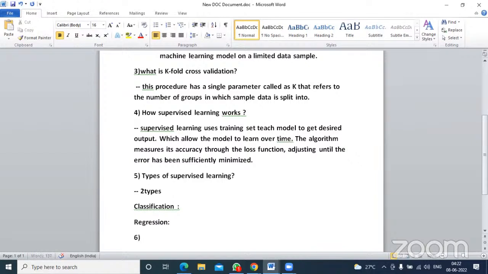Now my next question will be, what is classification?